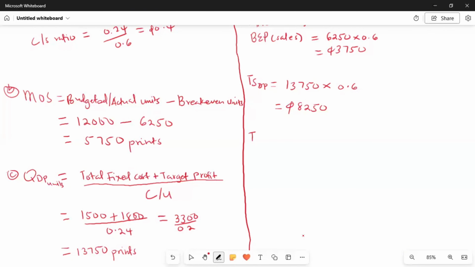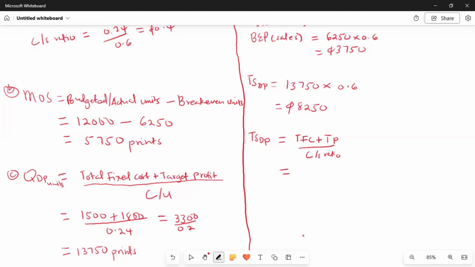Then the total sales for the desired profits is equal to the total fixed costs plus the targeted profits, which gives the contribution. But if you want to find it in units, then it should be contribution divided by the contribution sales ratio.